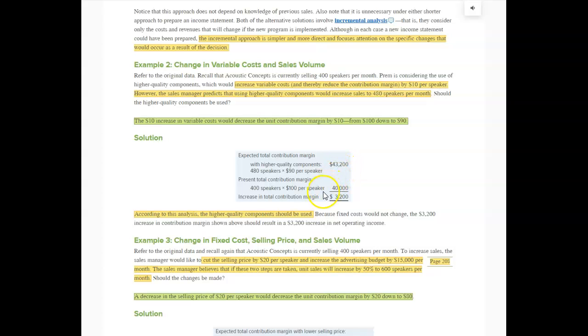Let's compare that to our old, where we are now, $40,000. And so we would expect contribution margin overall to increase $3,200. So we changed a couple of things here. We changed the variable cost, we changed the number of units sold, and then we can make a quick calculation to get the result. So in this case, it looks like contribution margin would indeed increase.